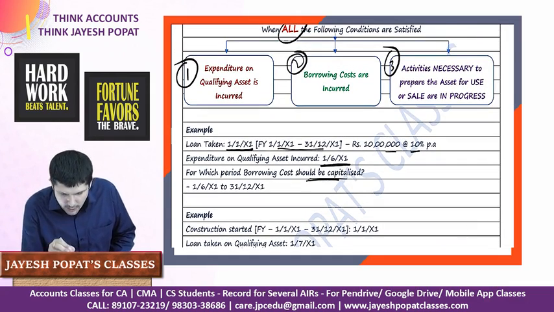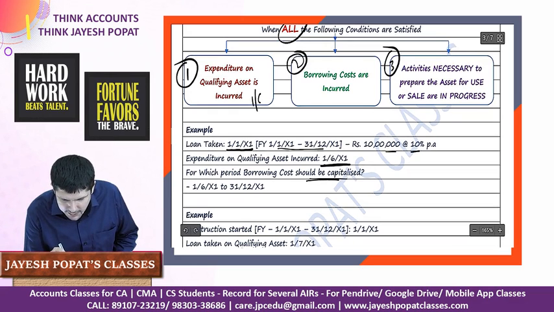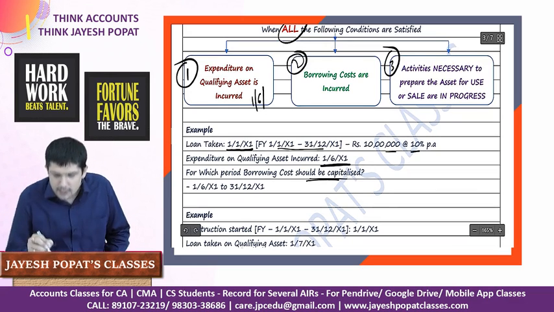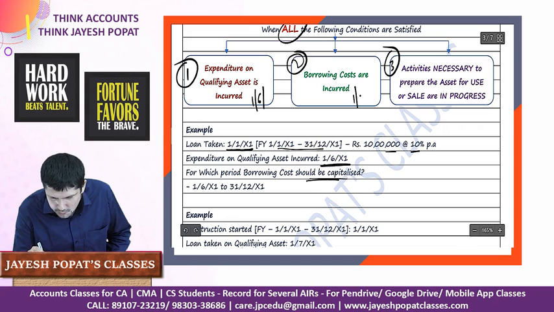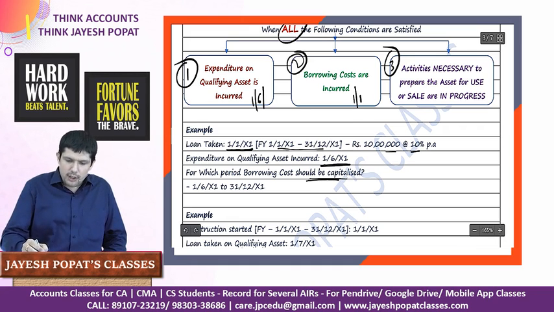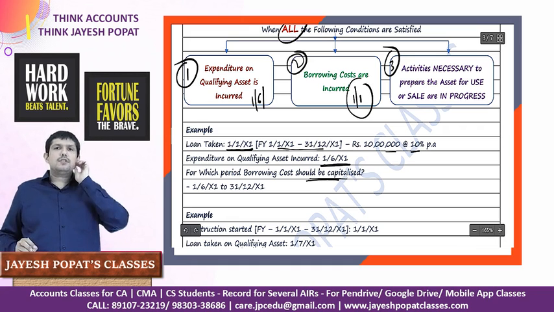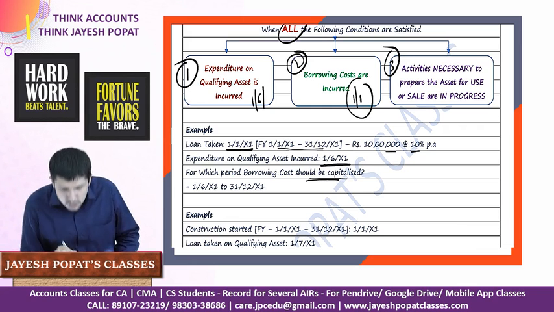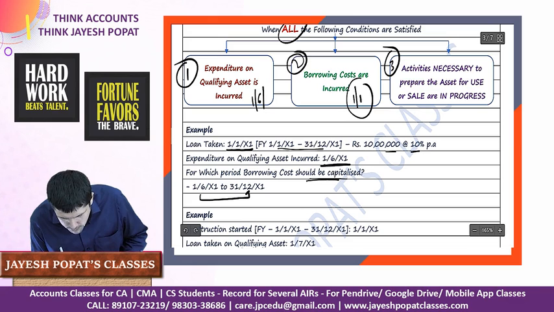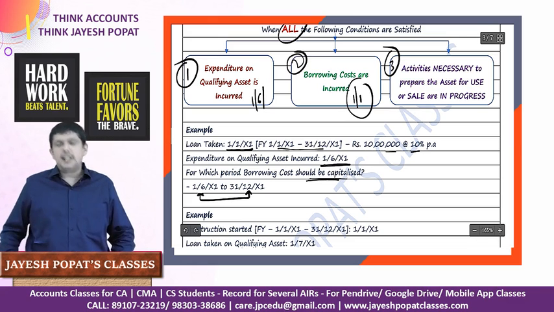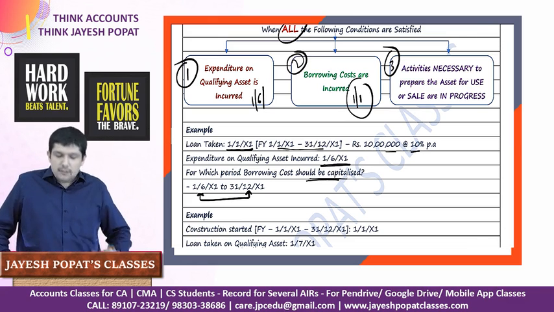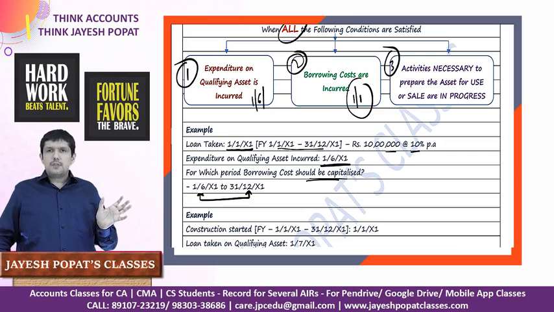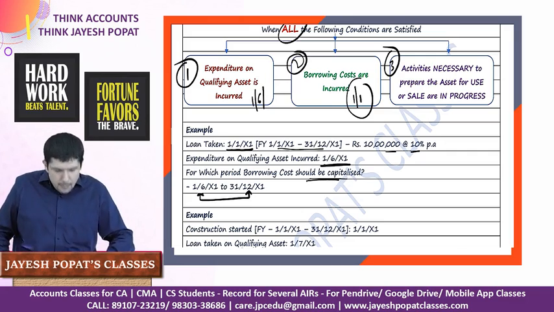Expenditure on the qualifying asset is incurred from this date, whereas the borrowing cost is incurred from this date. So from 1st of January till 31st of May, there was no work or expenditure incurred on the qualifying asset. So the period for which the borrowing cost should be capitalized is from 1st of June X1 to 31st December X1. Prior to that, whatever borrowing cost we are incurring will be charged off to P&L.